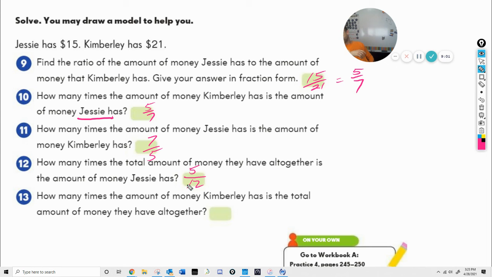And then how many times the amount of money Kimberly has is the total amount of money they have together? There are 12 units of total money compared to 7 units of Kimberly's. The wording is way harder than the actual numbers on any of this. That's the kicker. Okay. Hey, we finished another one.